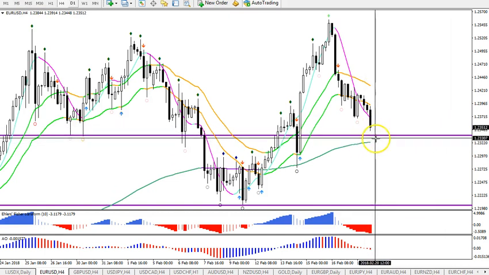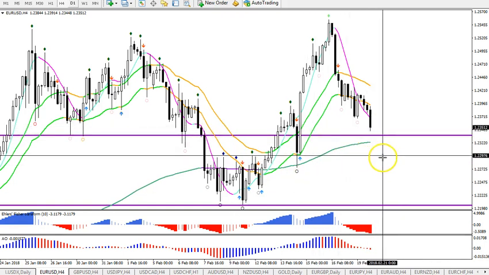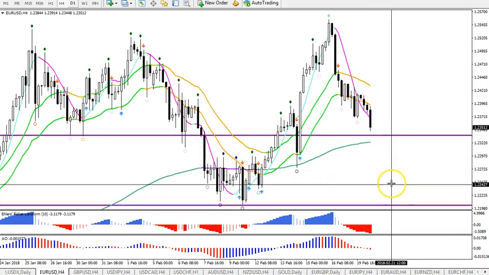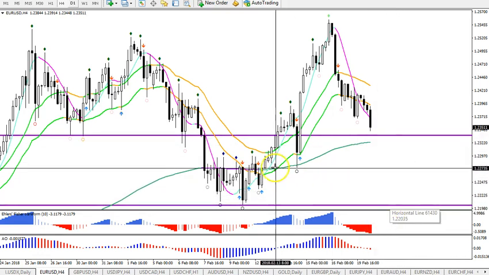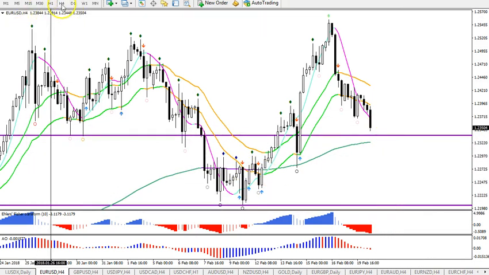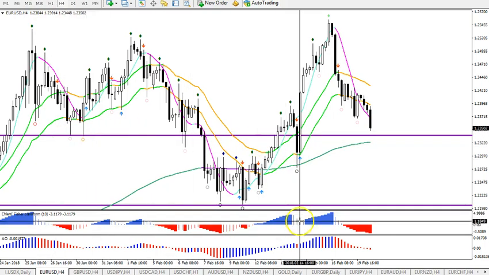That's the earliest bouncing spot, but price could extend further, go to 123, even down to 122.50, 122.20, 122 for instance. That's a whole zone where price might bounce. It's difficult to assess exactly where, because it is a rather wide support level.